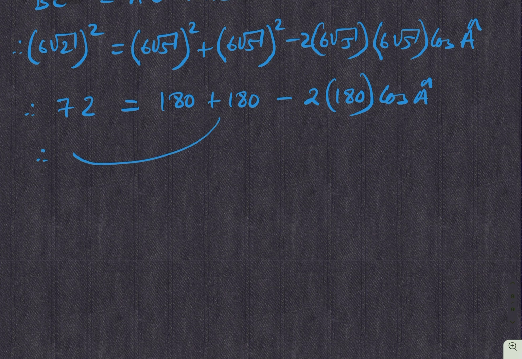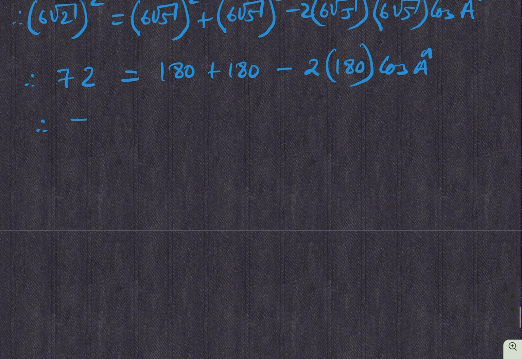If you bring this one this side, it's going to be negative 288 is equals to negative 360, and then you put a cos A there.